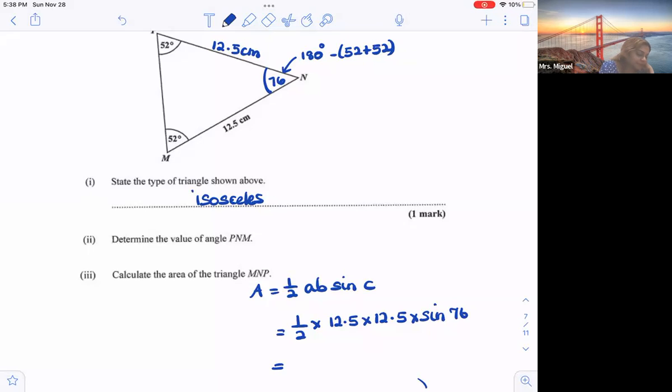A half multiplied by 12.5 by 12.5 by sine 76. Anybody? I got 75.8. Did anybody get that?